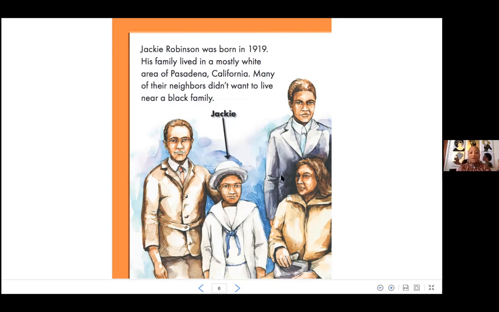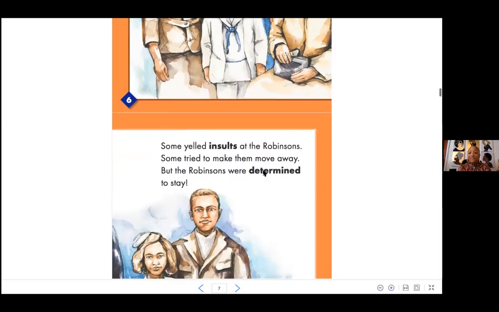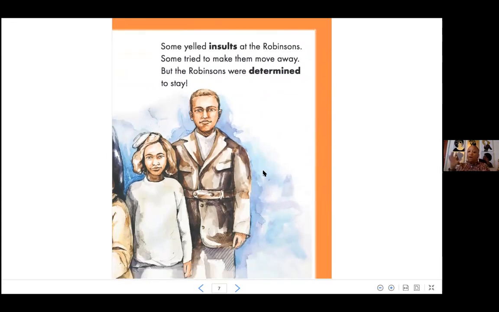Another graphic organizer that you can use is a Venn diagram. A Venn diagram is where you are comparing and contrasting things that have happened in a story or things that have happened in your lives. And I'm also going to share some pictures of those two different types of graphic organizers that I have discussed with you.